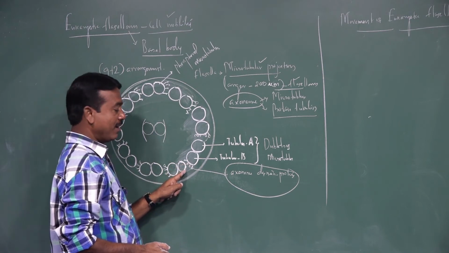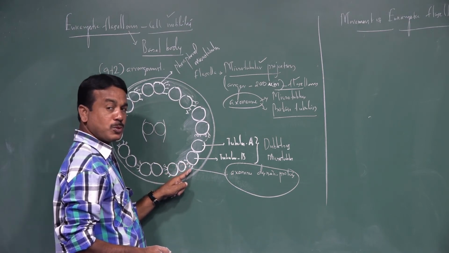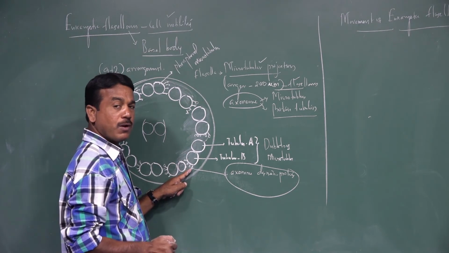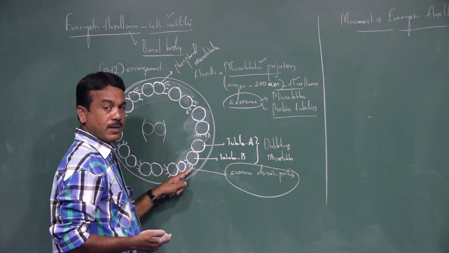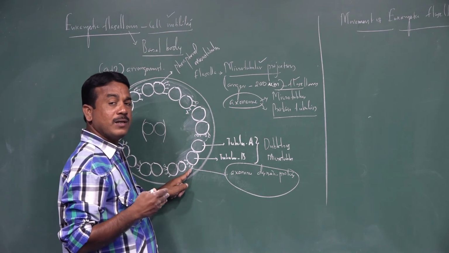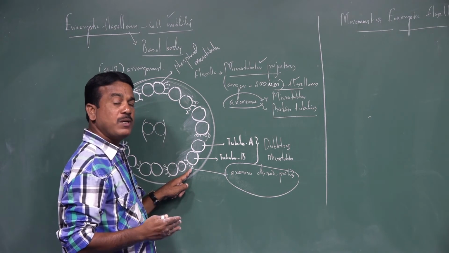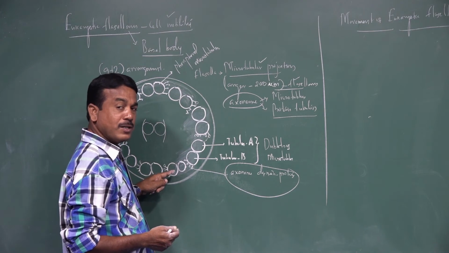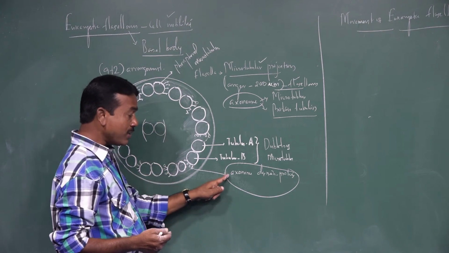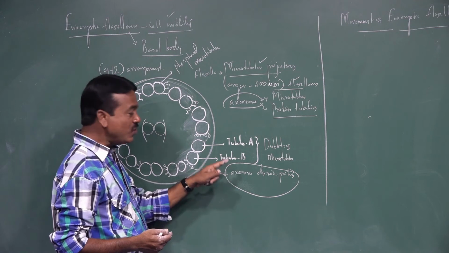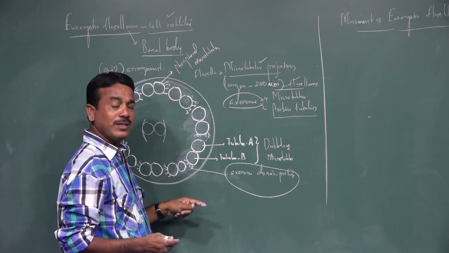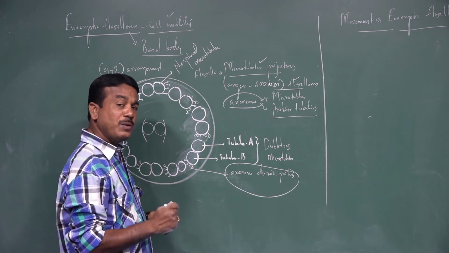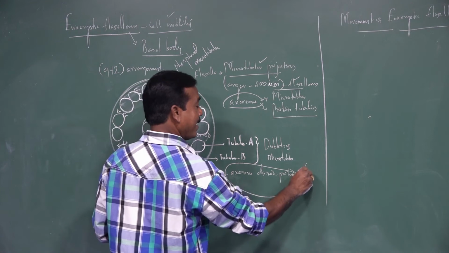Each pair provides the force for movement. In the eukaryotic flagellum, the pairs of peripheral tubules possess the dynein protein that generates force for movements. That movement is powered by ATP.